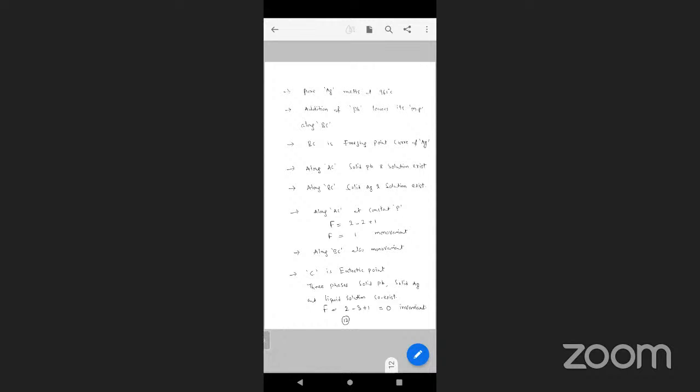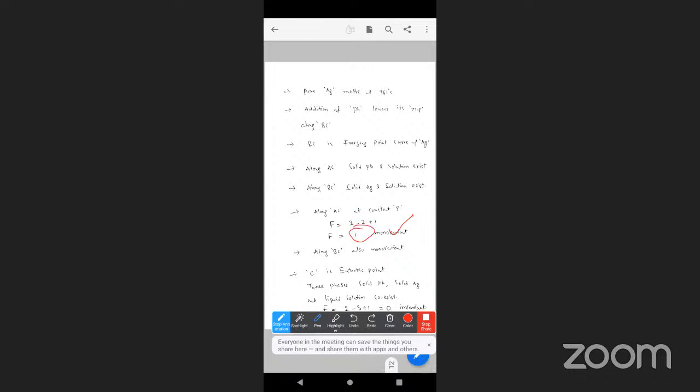So at constant pressure, there are two phases, two components, hence it is monovariant. Similar as we explained in the previous phase diagram. Monovariant. Similarly, along BC also F equal to 1, which is monovariant.